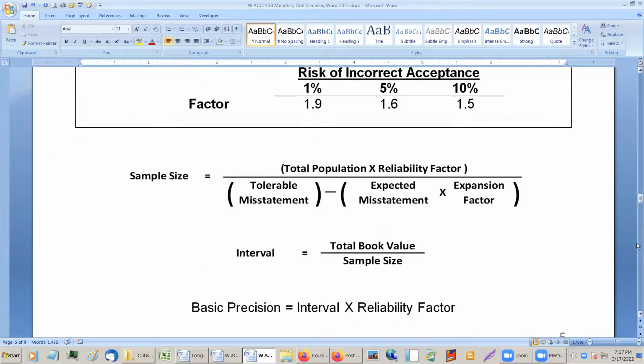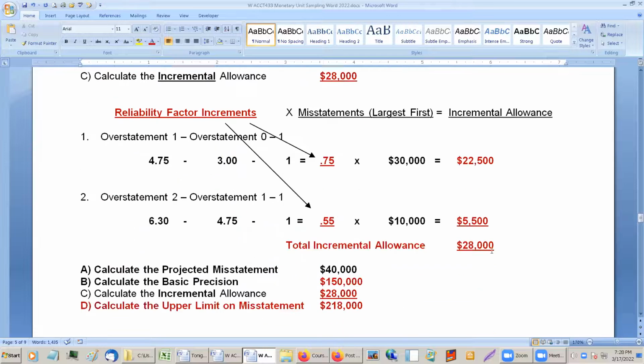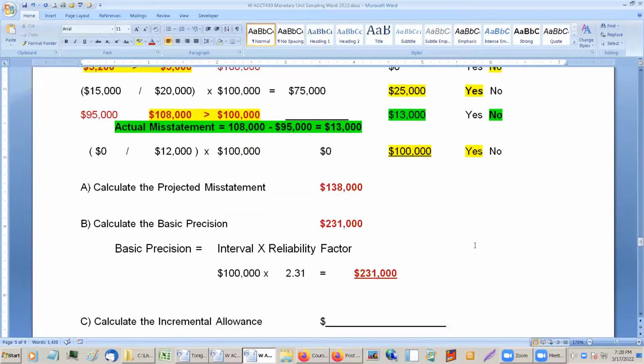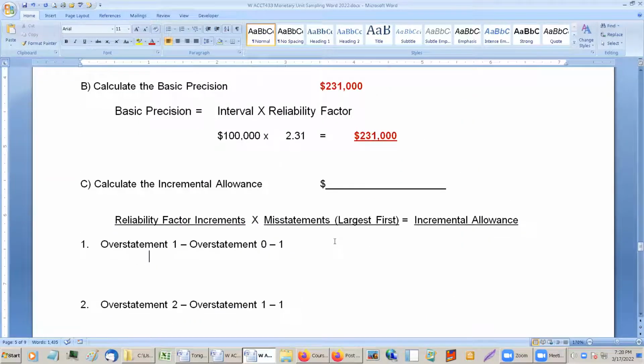Okay, so at 10%, the first one is 0.89 minus 2.31.